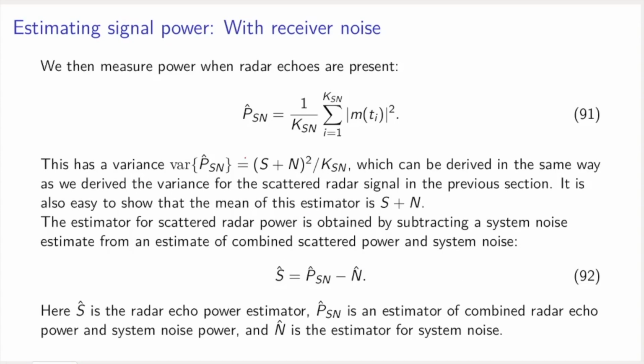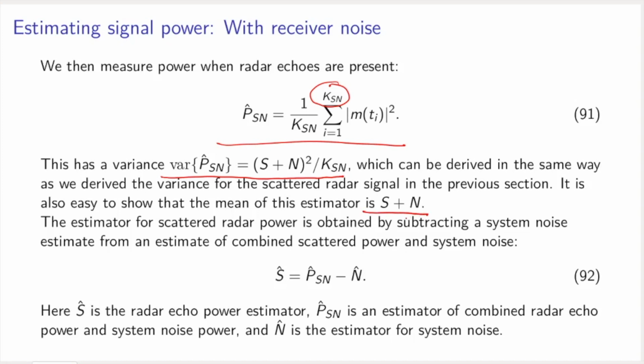After making an estimate of receiver noise power, we make another estimate which includes receiver noise and ionospheric echoes. In this case, we have K_SN measurements. This estimator can be shown to have a variance of (signal plus noise) squared over K_SN. It can be shown that the mean of this estimator is signal power plus receiver noise power.